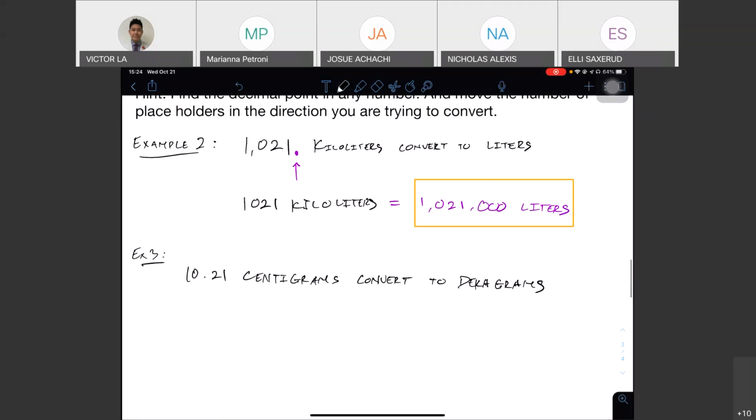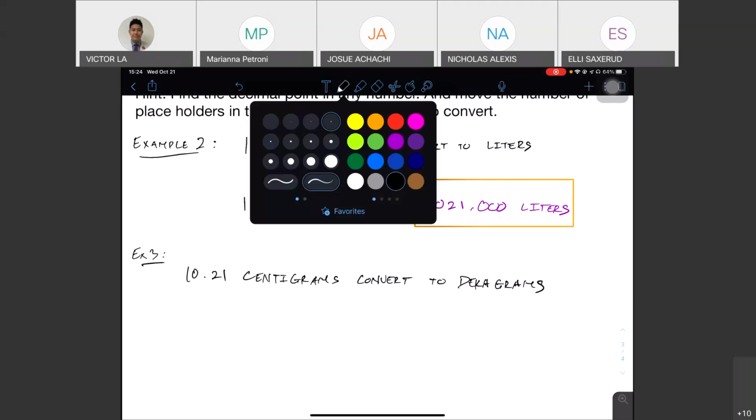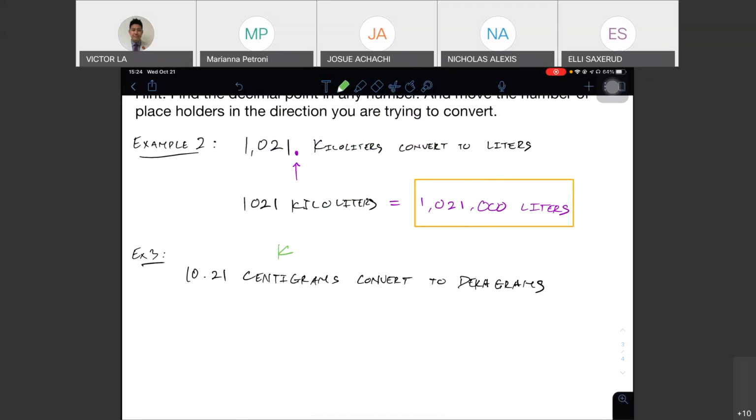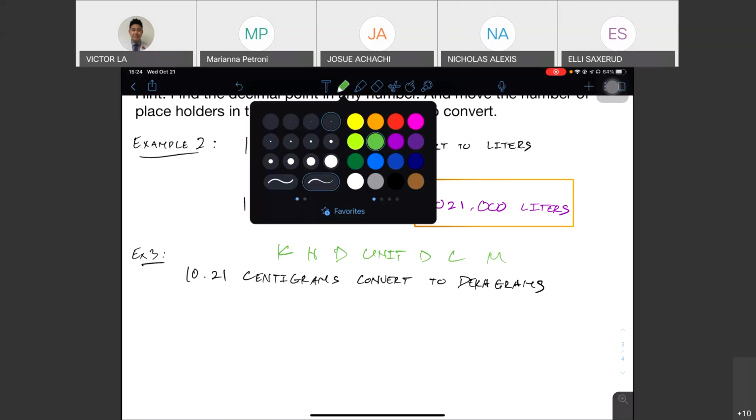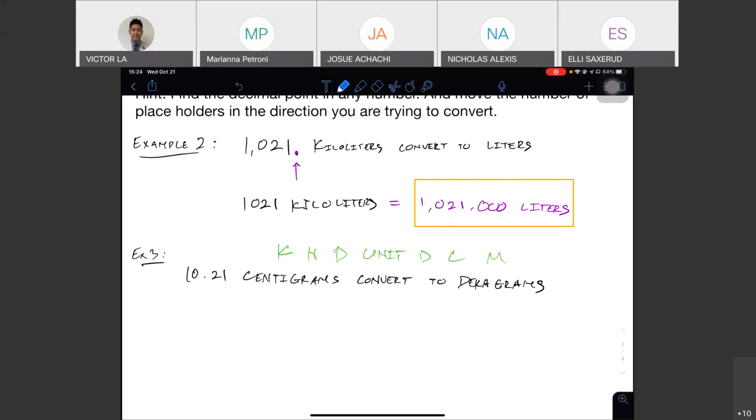And again, your King Henry died unit drinking chocolate. So you're starting here, and then you want to move to here.